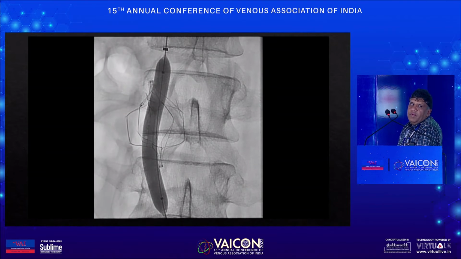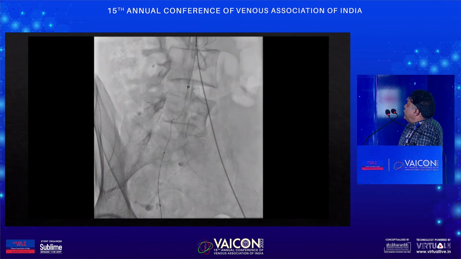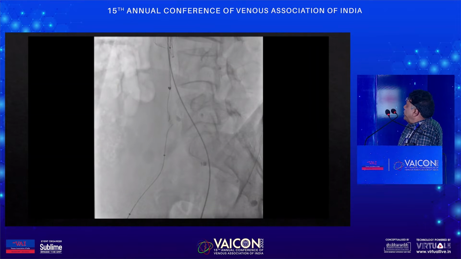And the IVC filter was crushed, lateralized, and then 2 stents on both the sides were put.